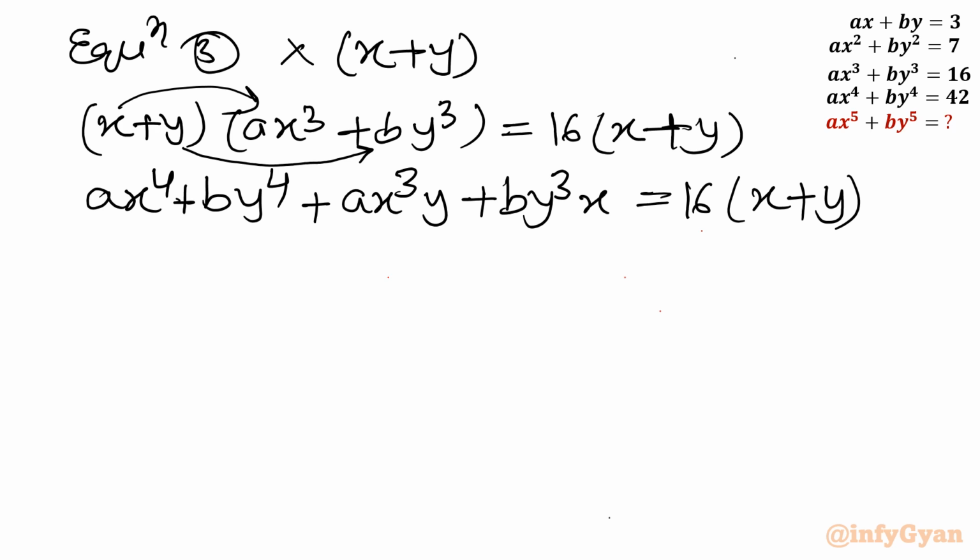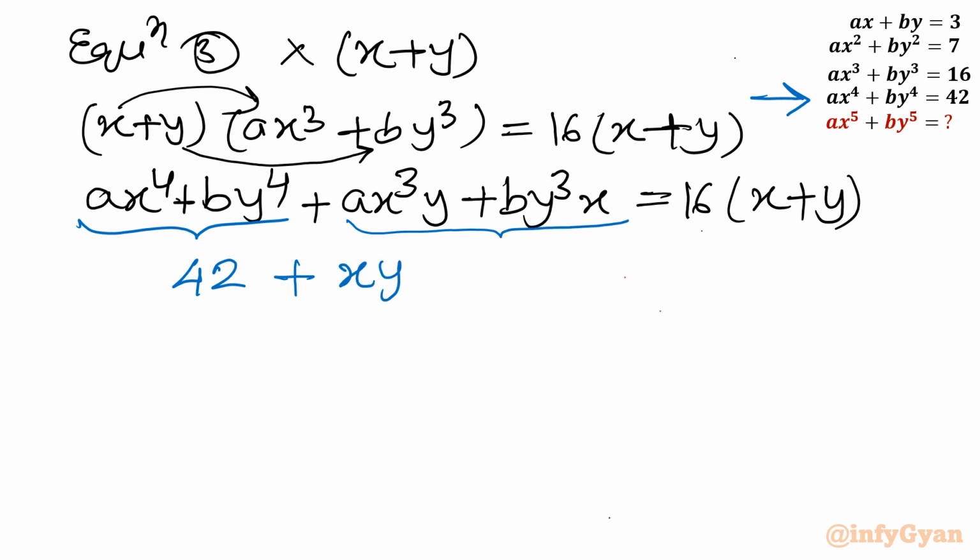Now ax power 4 plus by power 4. You can see it is our equation number 4. So straight away here I can put 42. Plus from these two terms xy is common, so I will write xy in bracket. What is left?